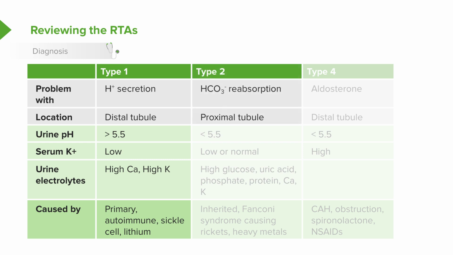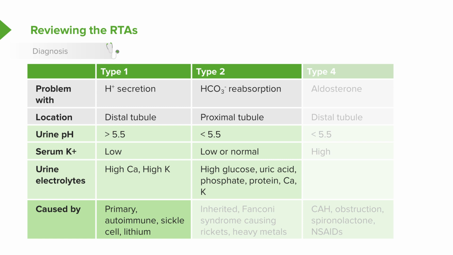Type 2 RTA is a problem with bicarbonate resorption. This occurs in the proximal tubule. Type 2 is closer than type 1. In these patients, they will have often an acidic or maybe even normal urine pH, depending on where things stand. The serum potassium will be low or normal, and you may find many things abnormal in the urine, especially if they have Fanconi syndrome.